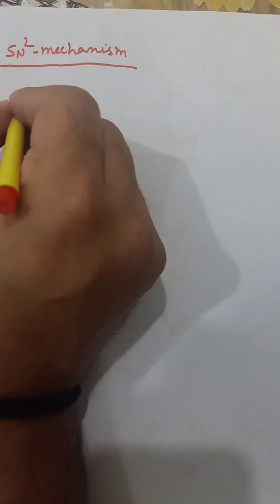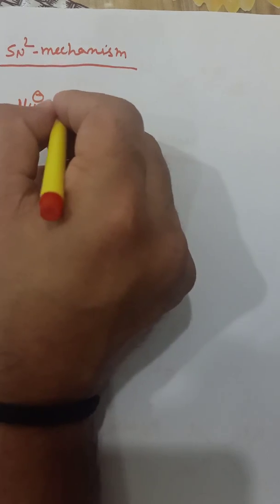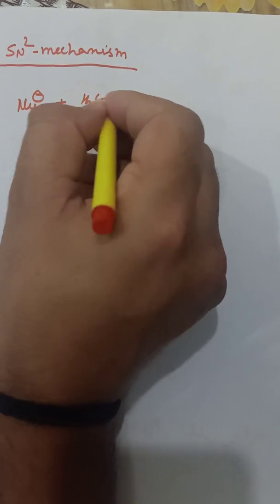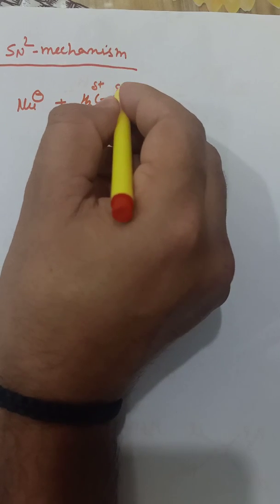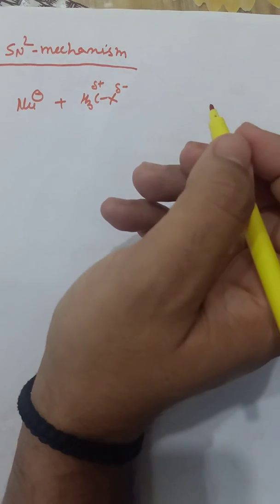I think everyone is aware of the SN2 nucleophilic substitution reaction, in which a nucleophile attacks a polar molecule at the cationic or electron-deficient part of that species, and the leaving group leaves the molecule, and there is formation of a bond between the nucleophile and that carbon center. Like if I take the example of CH3X, it has a plus charge on carbon and a minus charge on X, an electron withdrawing group.